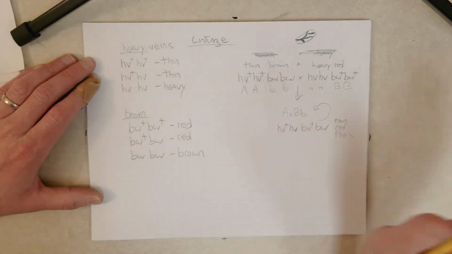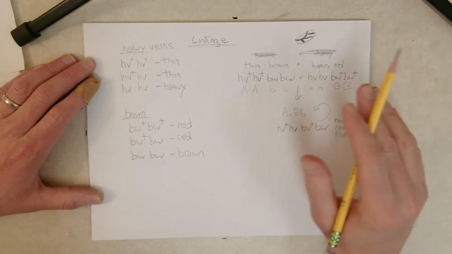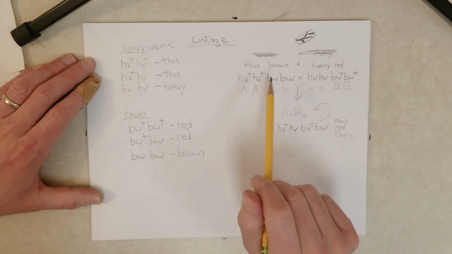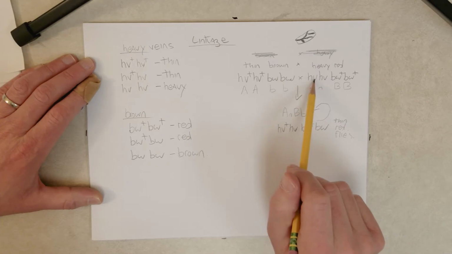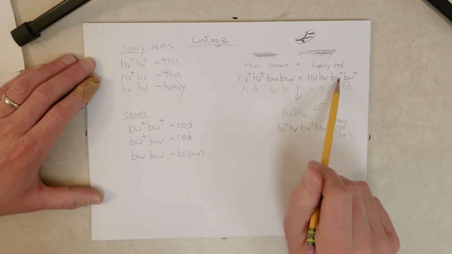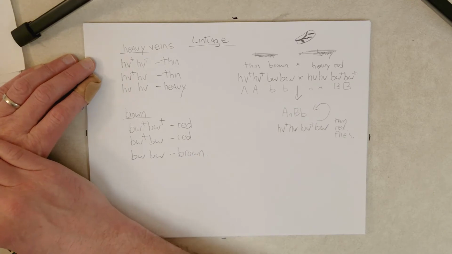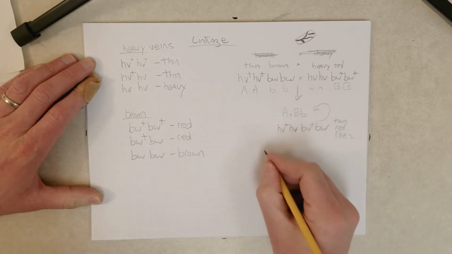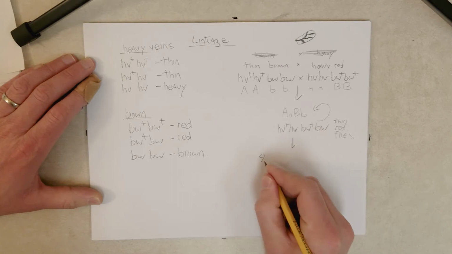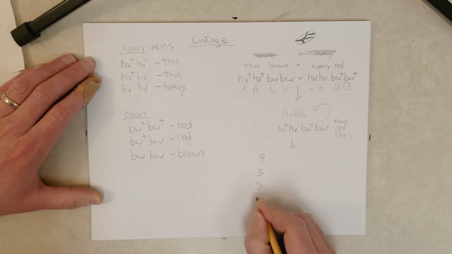And again, we don't need to worry about incomplete dominance or codominance. Heavy is completely dominant to the recessive allele, and the wild type brown allele is completely dominant to the recessive brown allele. Now, if we cross this, we would normally predict a 9:3:3:1 ratio.